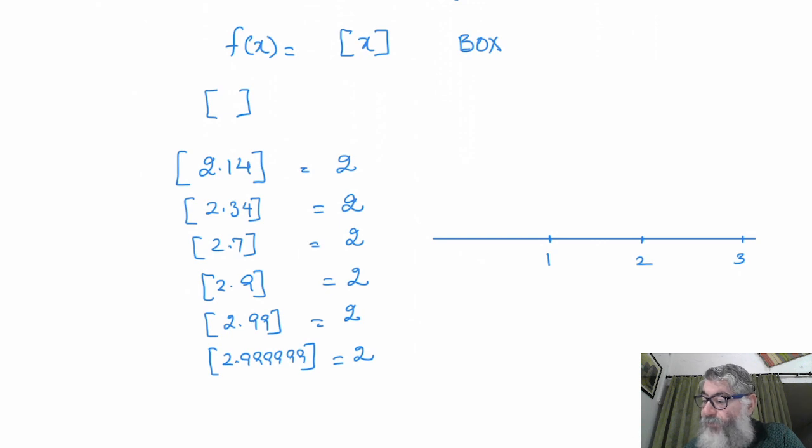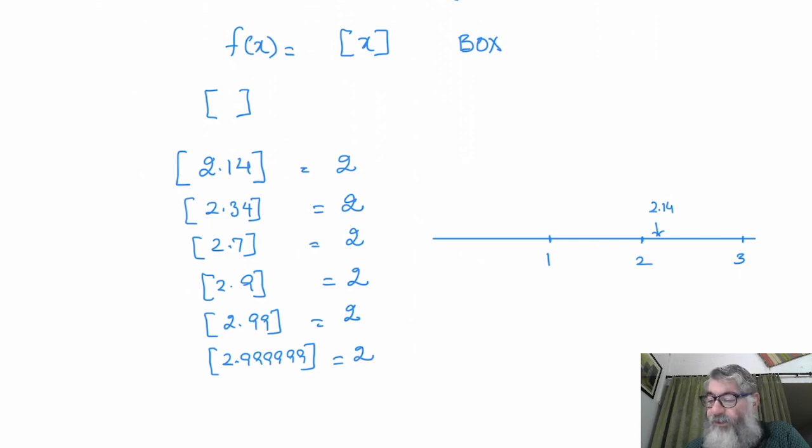Suppose 2.14 is somewhere here. Whatever number is given, if we want to find its greatest integer function, we move to the left on the number line. And the first integer which you find will be the greatest integer function. If you move to the left from 2.14, the first integer on the number line is 2.